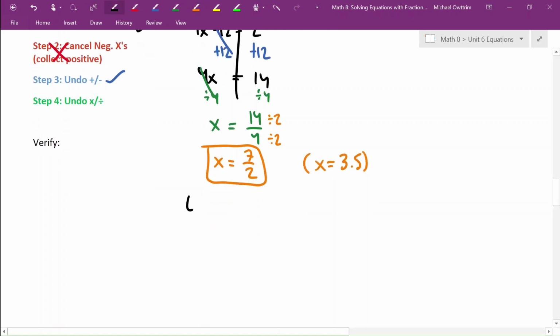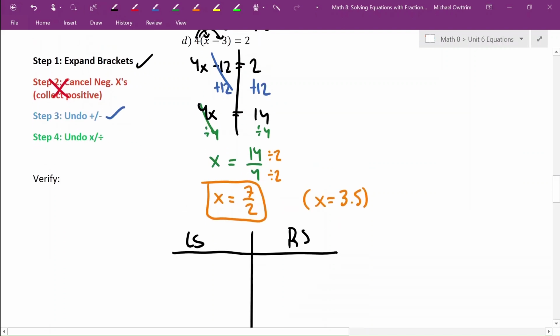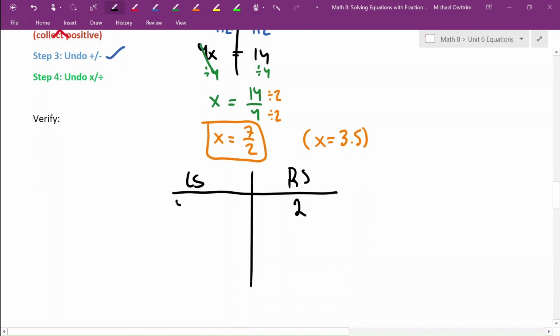for my work. For my verification, I want to do my left side and my right side. The original right side was the number 2. The original left side was 4 times whatever x is, subtract 3. I think that x is the fraction 7 halves. I need to subtract 3 from that. Now remember that 3 is 3 over 1, and to subtract or add fractions, I need a common denominator.